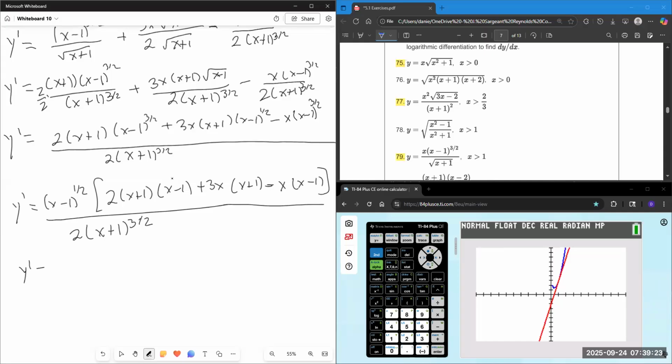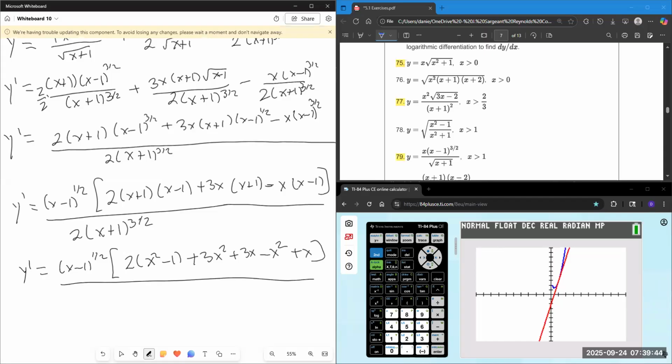This is y prime is x minus 1 to the 1/2. I'll make that a square root in a little bit. 2 times x squared minus 1 plus 3x squared plus 3x minus x squared plus x over 2x plus 1 to the 3 halves power.